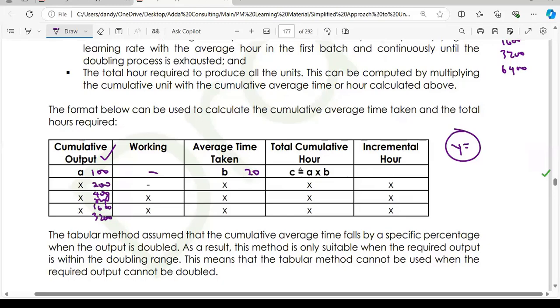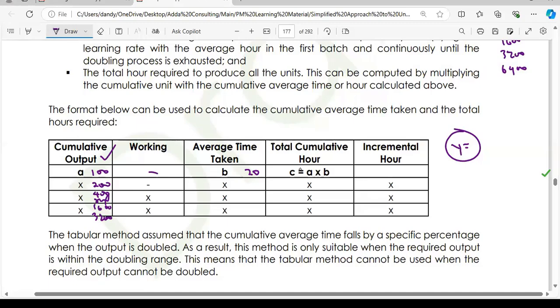Next, when I want to apply the learning on the second output, the second output now is 200. The activity level has been doubled, but the time spent is supposed to reduce by a specific percentage. Therefore, what am I supposed to do? I will multiply by the learning rate as given to me. Say you are given a learning rate of 80%.